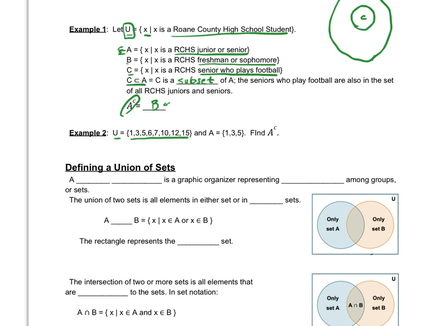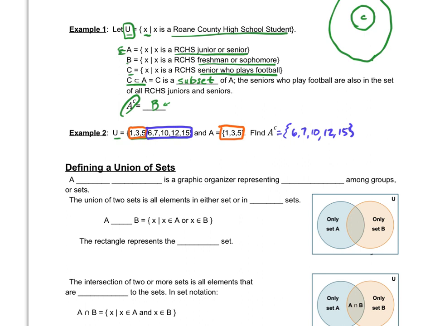These numbers right here are set A. So the complement of set A is going to be all other numbers in the universal set. The complement is going to be 6, 7, 10, 12, and 15. So between A and its complement, that should encompass all of our universal set.